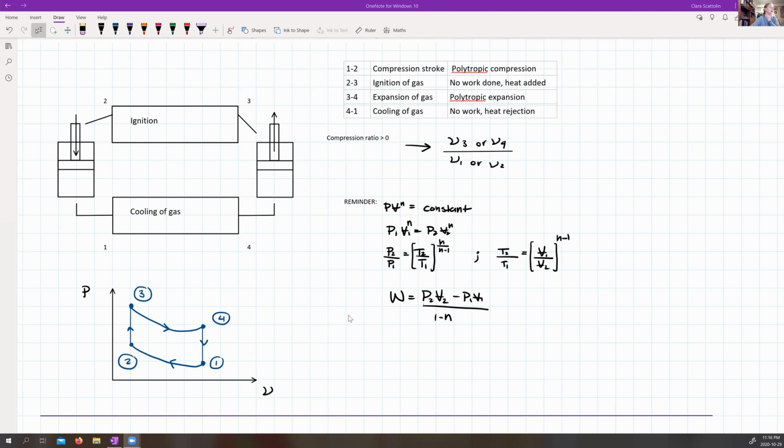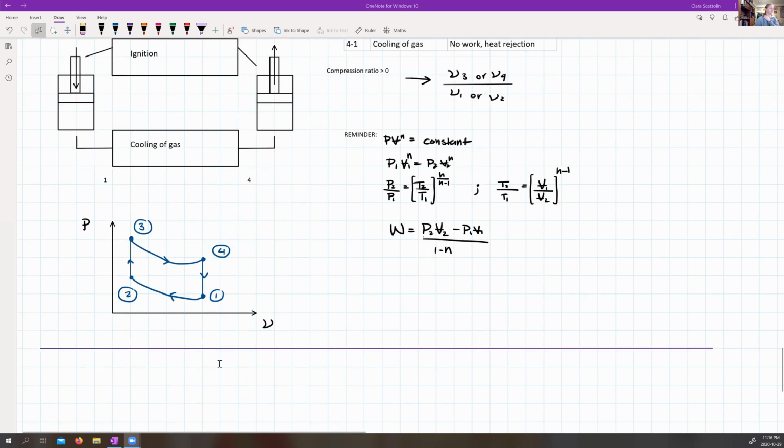One more thing is the compression ratio. So we're always comparing essentially the large specific volume. This is not correct. So hang on. No, this isn't correct. The compression ratio is the large.